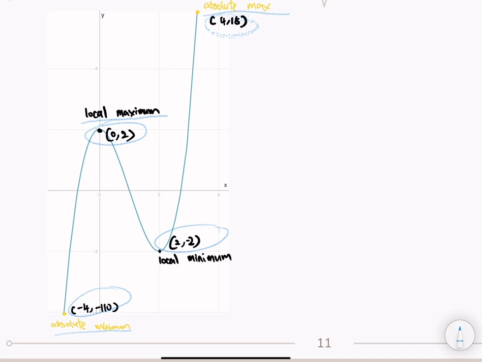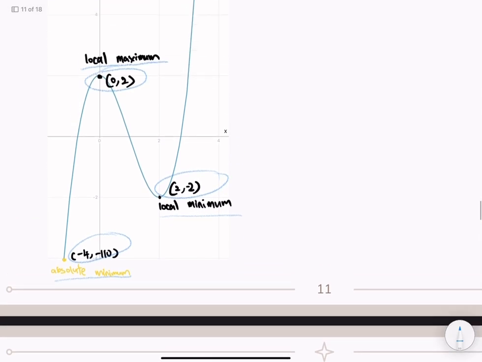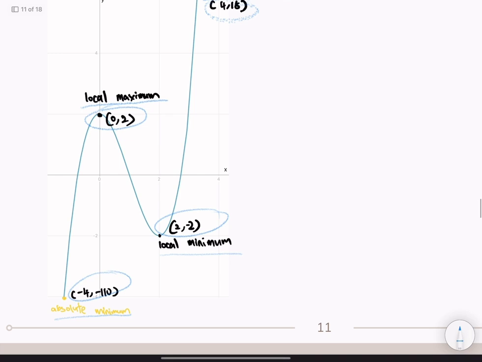And when x equal to 2 and y equal to negative 2 is a local minimum, because this endpoint have the lowest point in the graph.